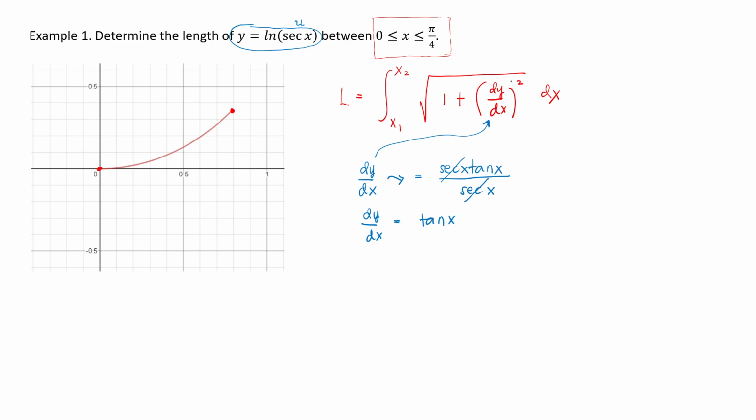Since this one is squared, once we go back to the equation, this becomes the integral from 0 to pi over 4 of the square root of 1 plus tangent squared x, because we have a squared exponent here, and then dx.